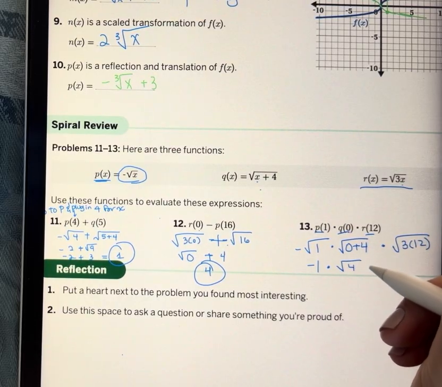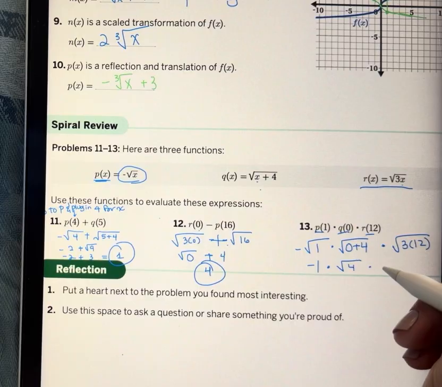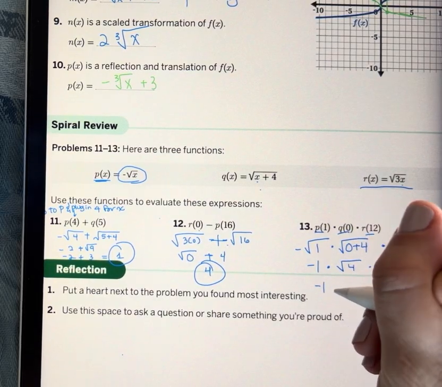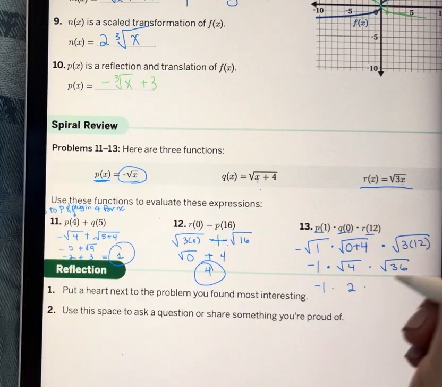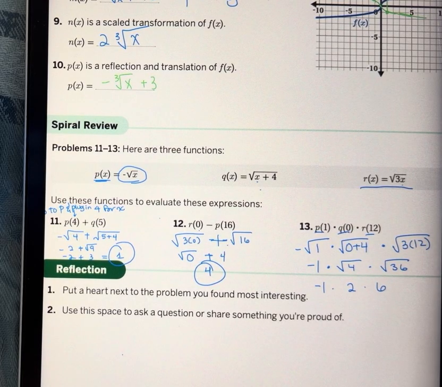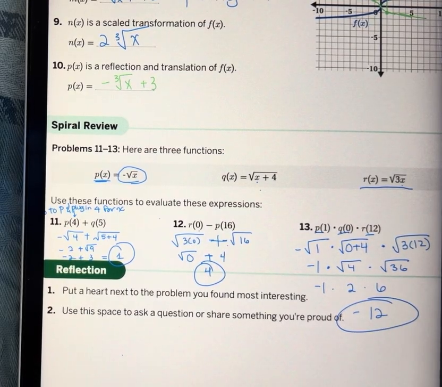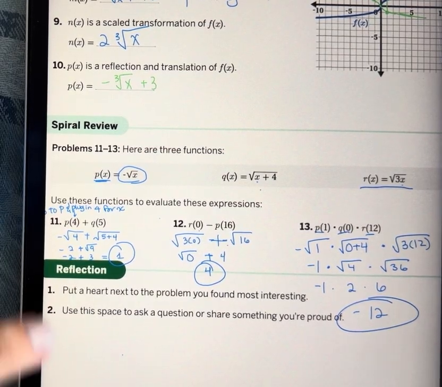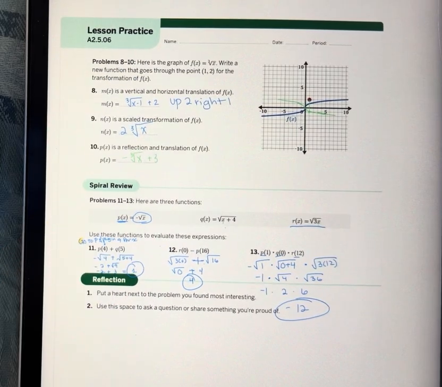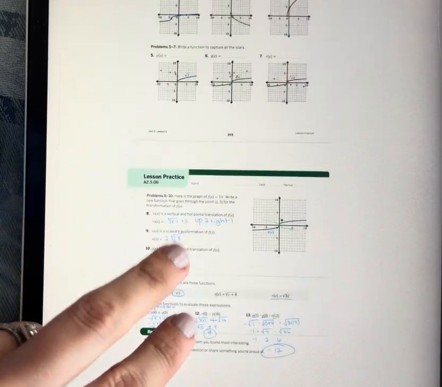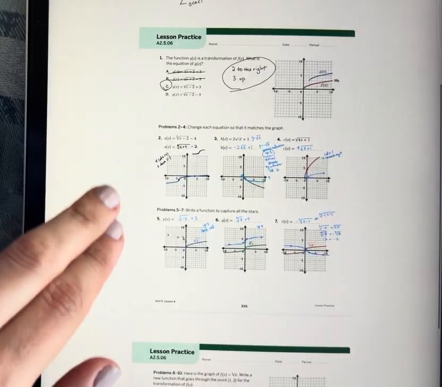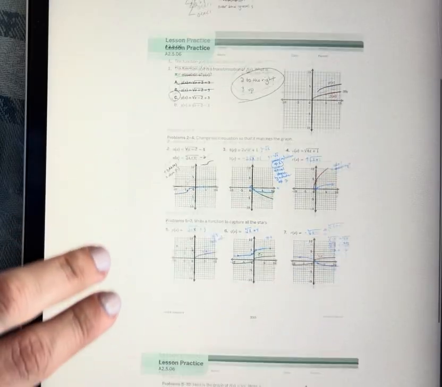Square root of 4. 3 times 12 is 36. This is square root of 36. And then this is negative 1 times 2 times 6. Because square root of 4 is 2. Square root of 36 is 6. And so this all multiplied together gives us a negative 12 as the answer there. Okie doke. There we go. The 5-6 homework with a detailed review of transformations.